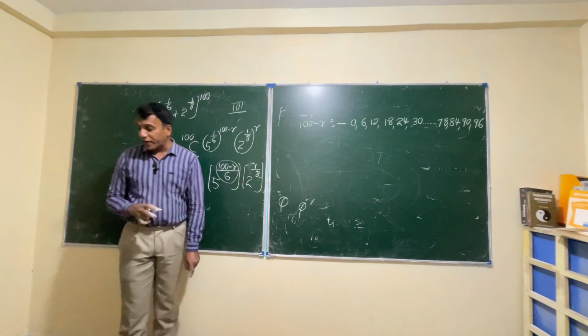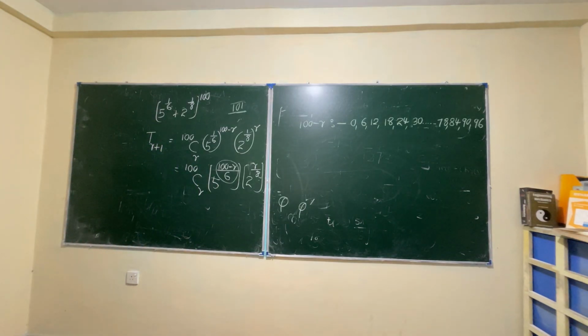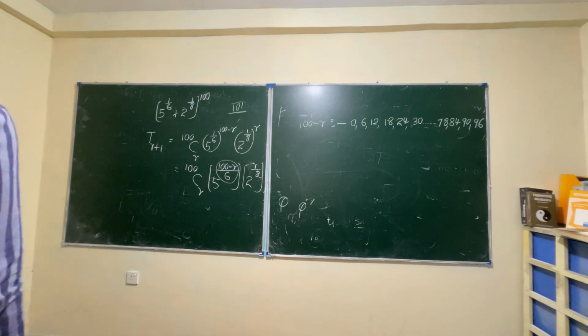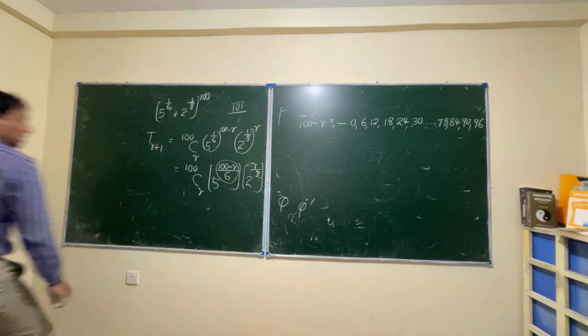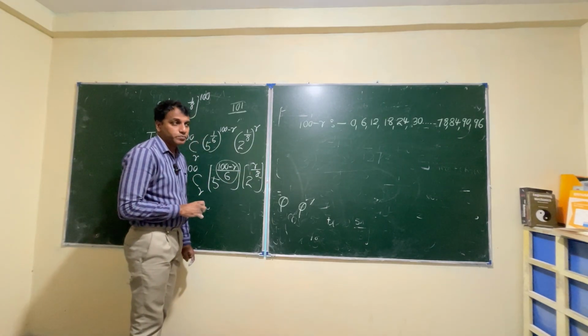So not only 100 minus r, but also the other part should be divisible by 8.